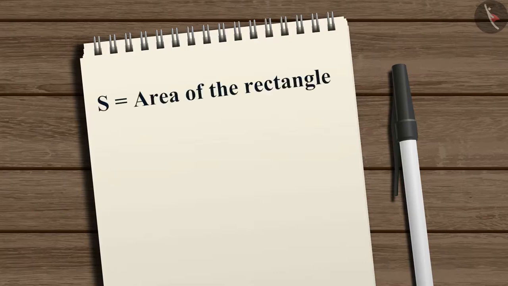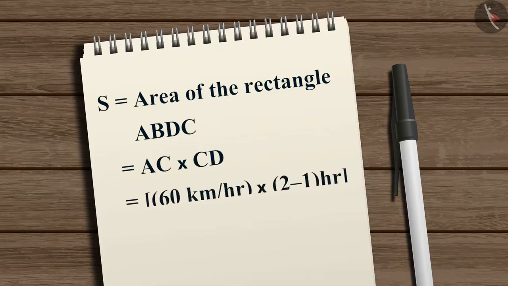So, the distance moved by the car in the time interval can be calculated as S is equal to the area of the rectangle ABDC, which is equal to AC multiplied by CD, which is equal to 60 km per hour multiplied by 2 minus 1 hour, which is equal to 60 km.